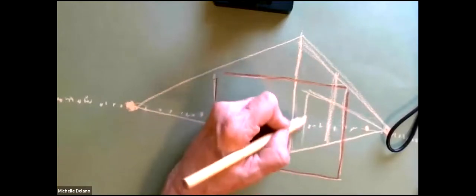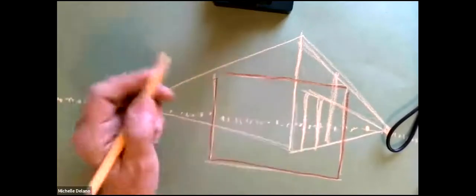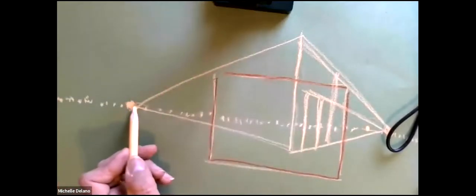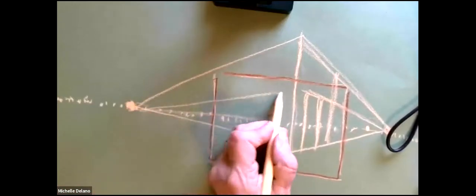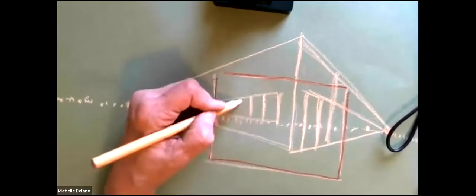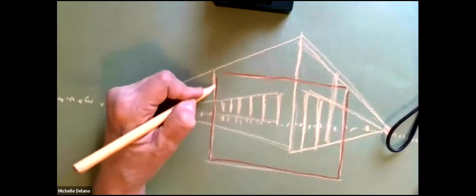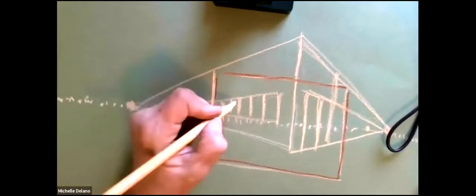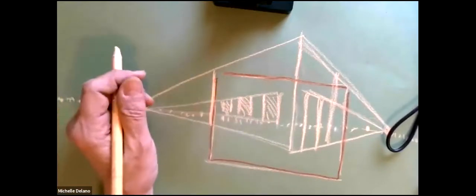I might have a doorway here, and I'm going to put some windows over here. The end of my building is outside my binder. So here's a window, and here's a window.